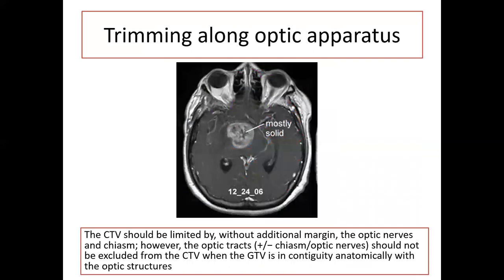Trimming of the optic apparatus: consider two things, T2 abnormality and contrast. If the contrast part is encroaching on the optic apparatus, like optic nerve, optic chiasm, optic tract, you should not exclude or trim. But the T2 FLAIR abnormality you can trim, with the CTV limited without additional margin by the optic nerves and chiasm. However, the optic tract should not be excluded from the CTV when the GTV is contiguous with the optic apparatus.